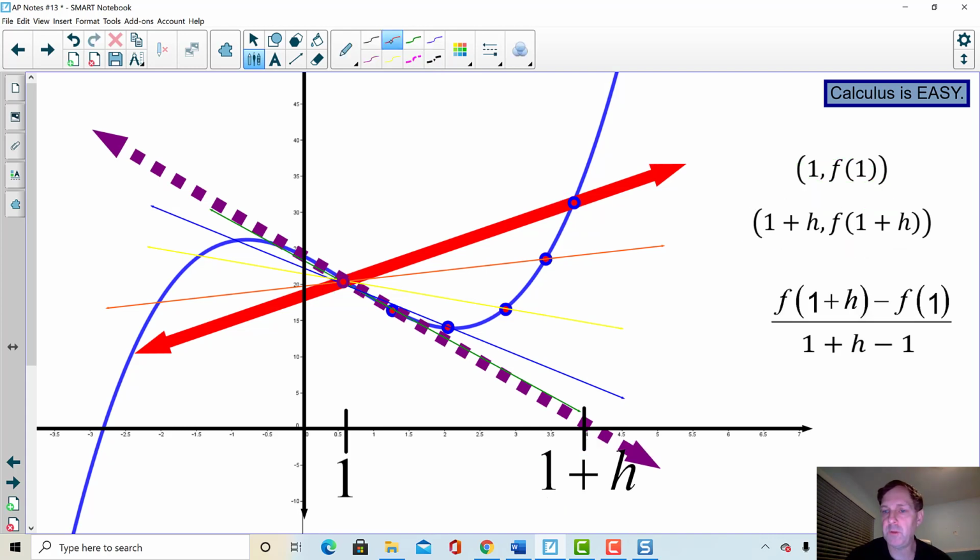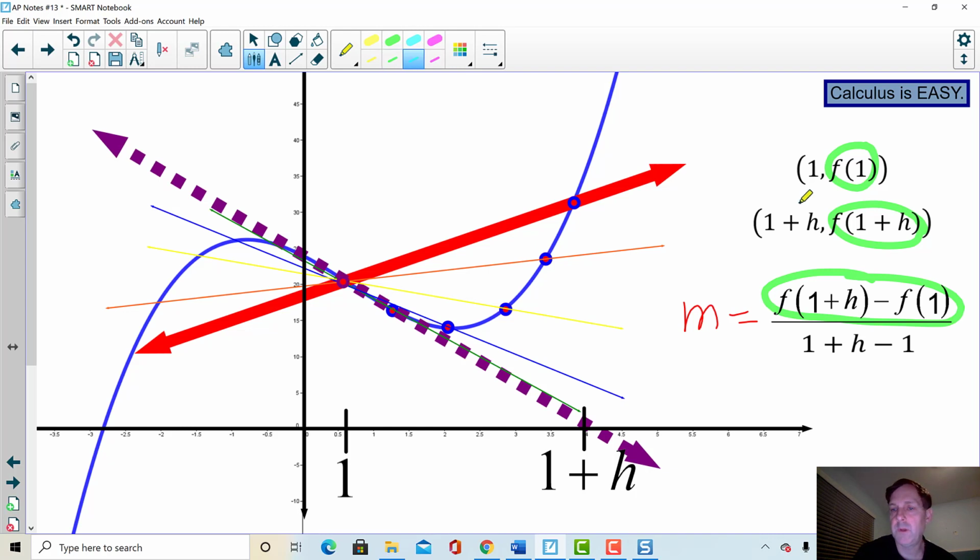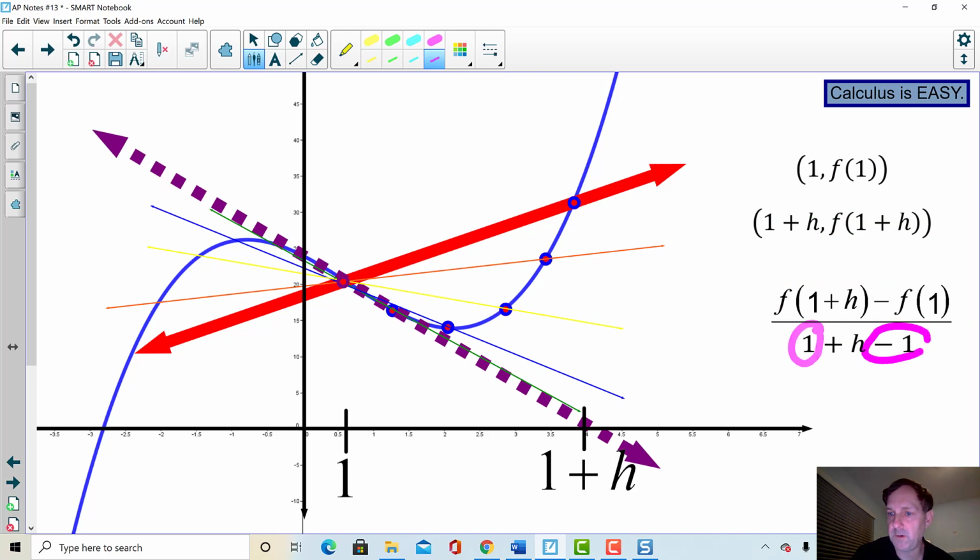Okay, now we're going to use the formula for the slope of a line. So we have y2 minus y1 on top, and we have x2 minus x1 on the bottom. Just like before, you'll notice that this number cancels with this number, so you're just left with an h.